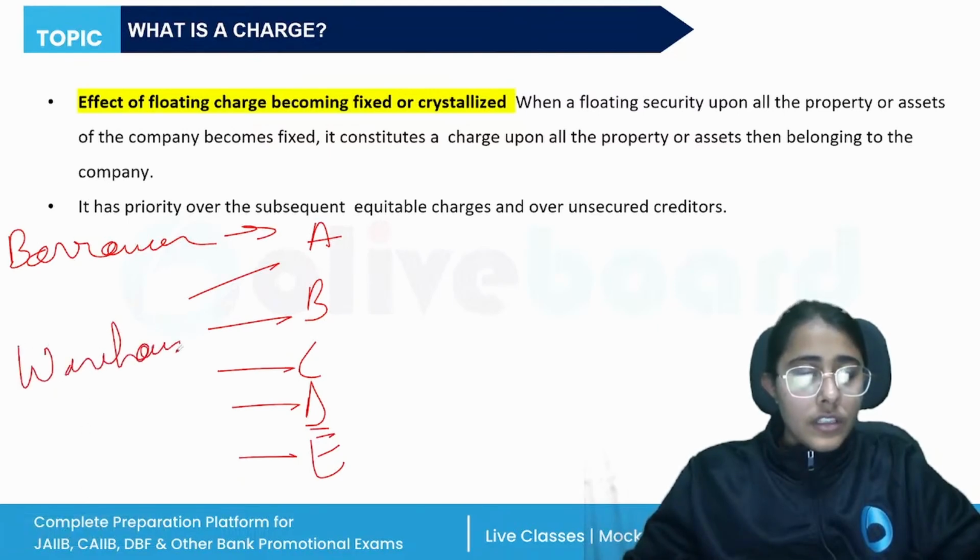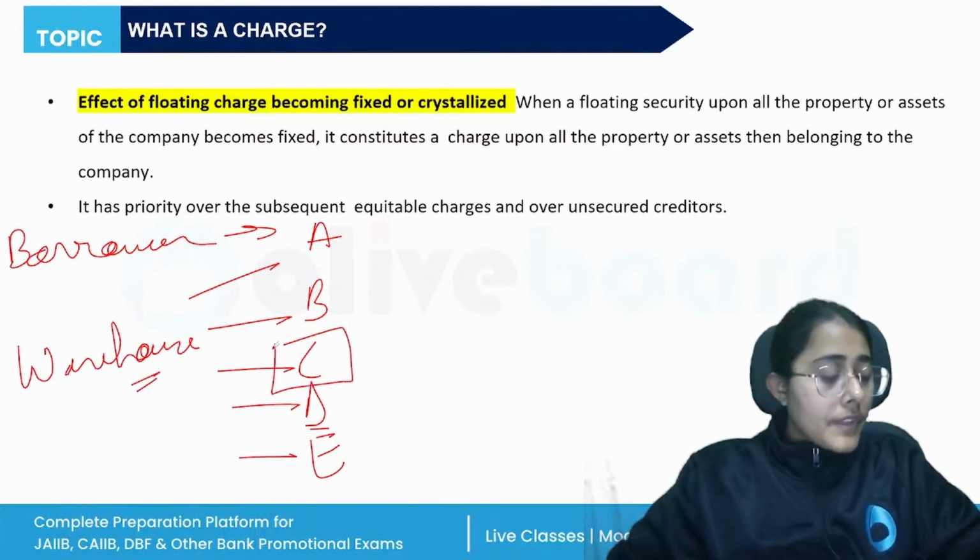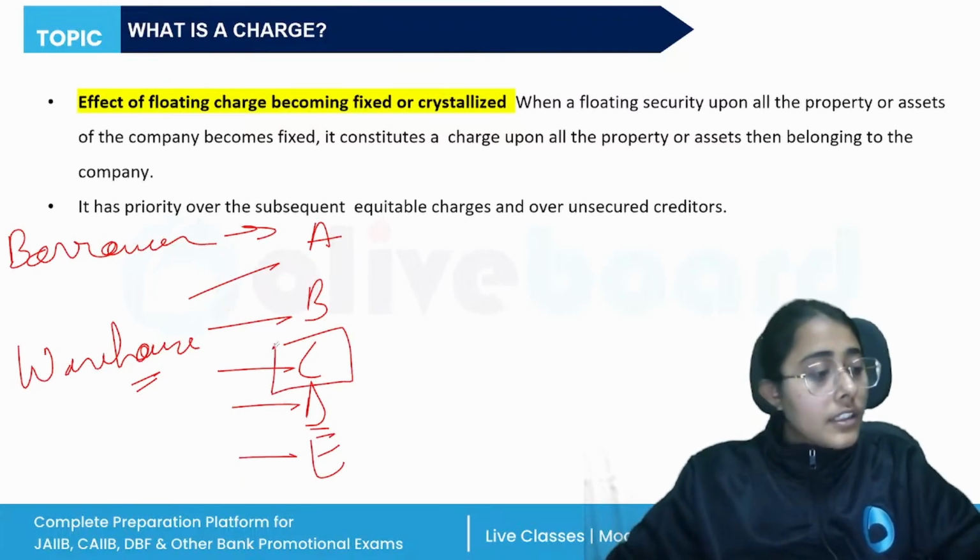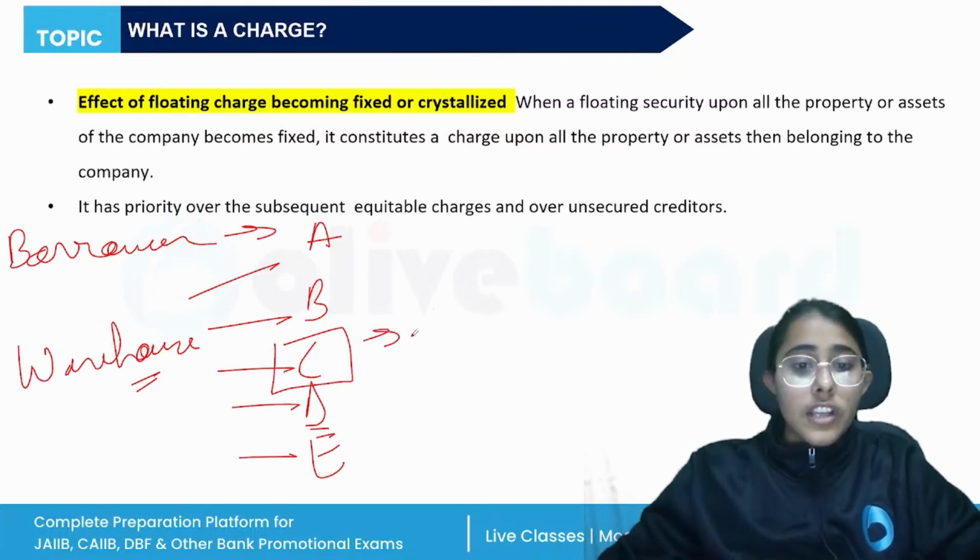But then the charge was registered only by the third creditor, or the third bank, or they had given the charge of a fixed nature.